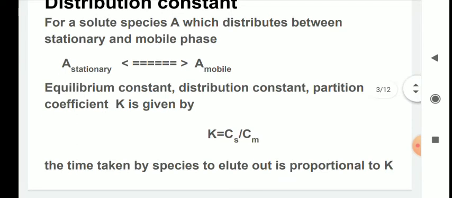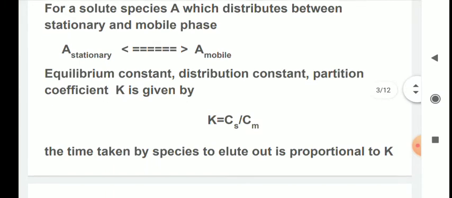The distribution constant or the partition constant or the partition coefficient or the equilibrium constant is given by the equation K is equal to Cs upon Cm. We have taken capital K. Cs is the concentration in the stationary phase after it has been deposited on the column, and Cm is the concentration in the mobile phase.